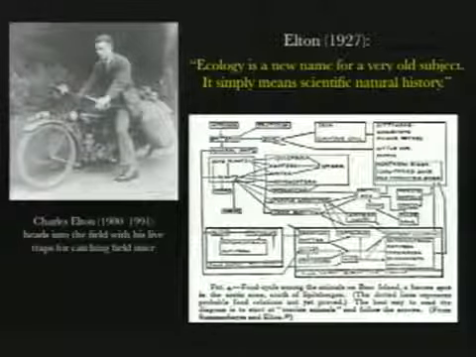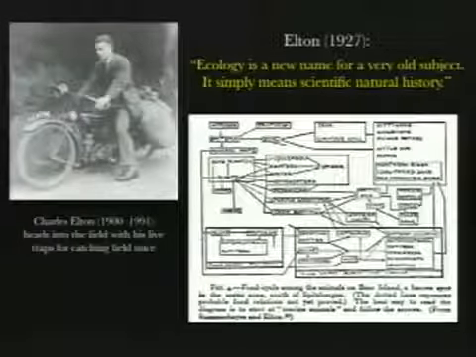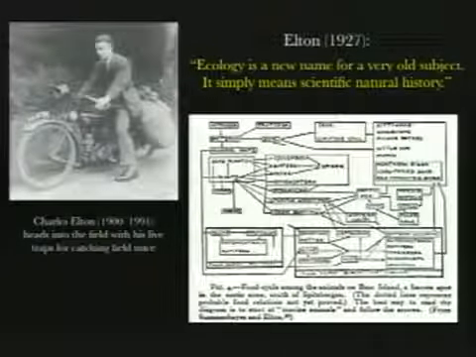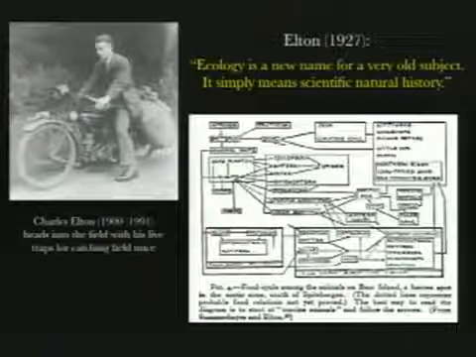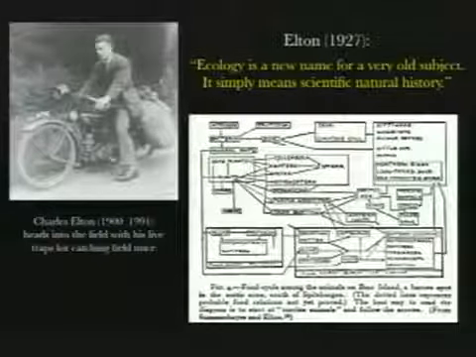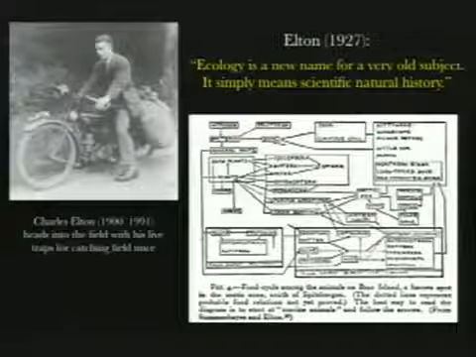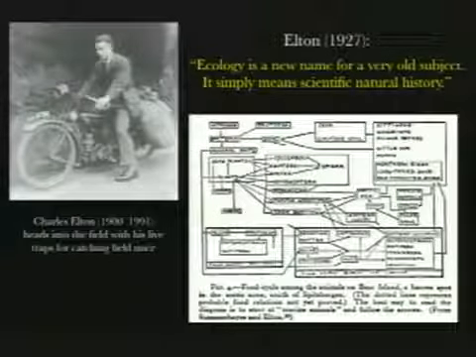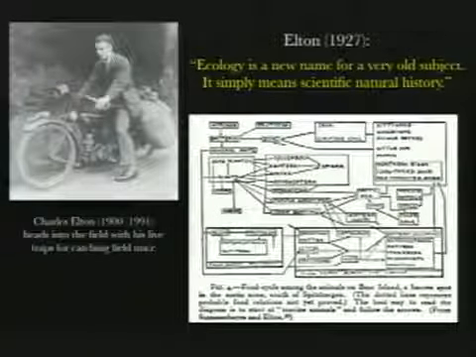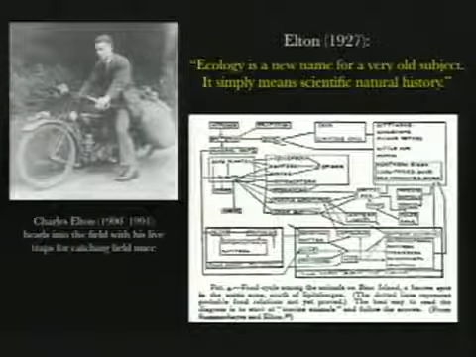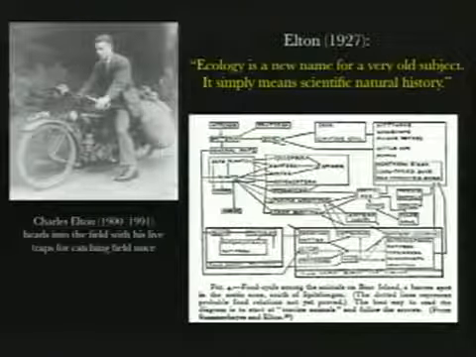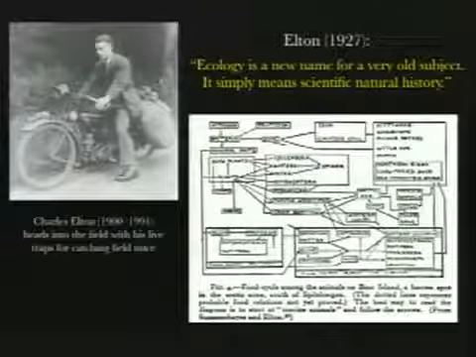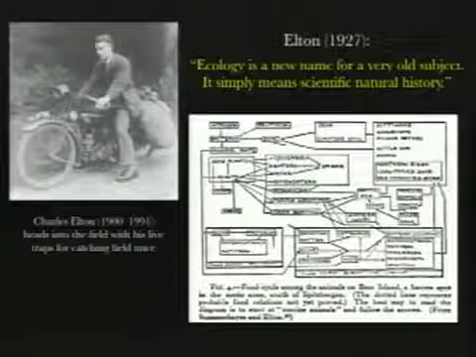And this is an example of a food web that he constructed based on data collected in the field. Food webs being a very important part of ecological science, the studies of the interrelationships of organisms on the basis of their dietary habits. And he opened one of his most famous books by saying, ecology is a new name for a very old subject. It simply means scientific natural history.